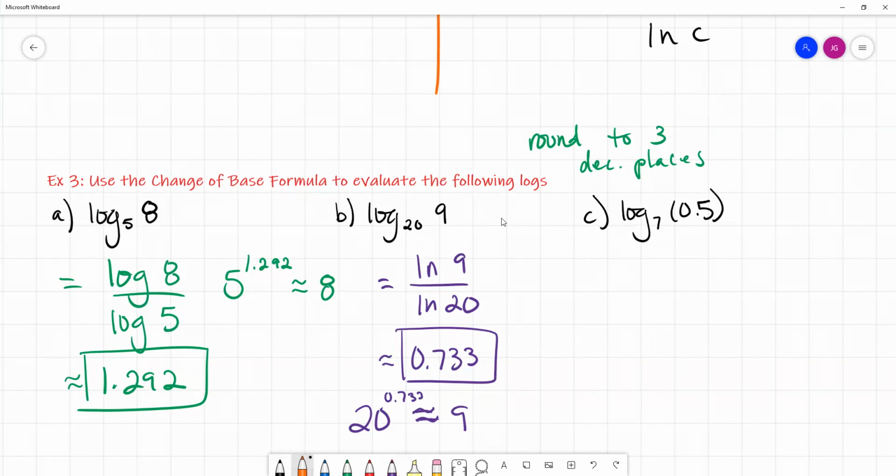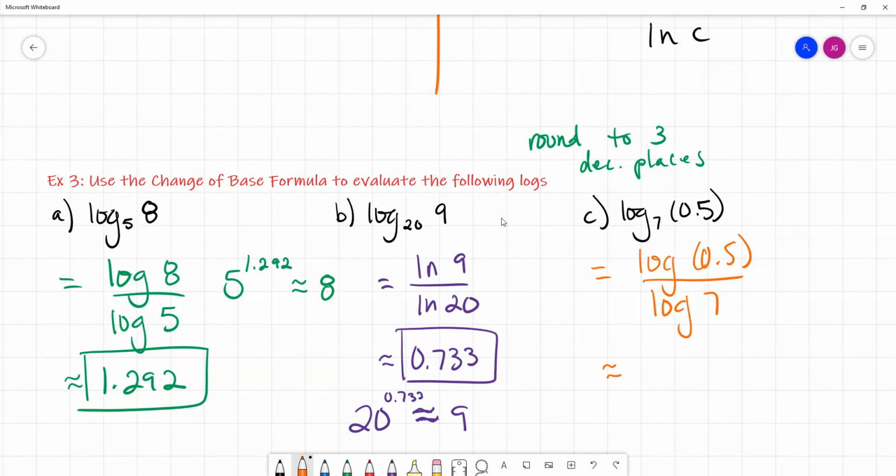Last one, we'll just go back to log. Using the change of base formula, log of the input, so log of 0.5, divided by log of 7, log of the base. Again, just put it in our calculators.